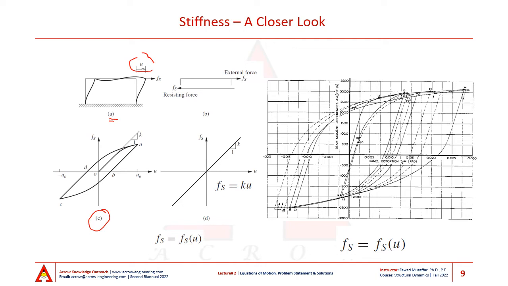Now, initially, when there is no lateral deformation, there is no force being applied or resisted at the top of the frame. As the frame is pushed towards the right, there will be a linear increase in force with the increase in lateral deformation until there will be a point where a departure from linear deformation will be observed.